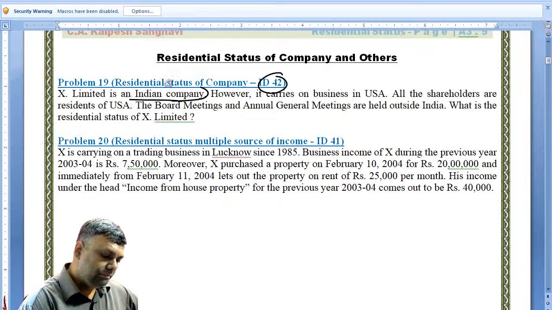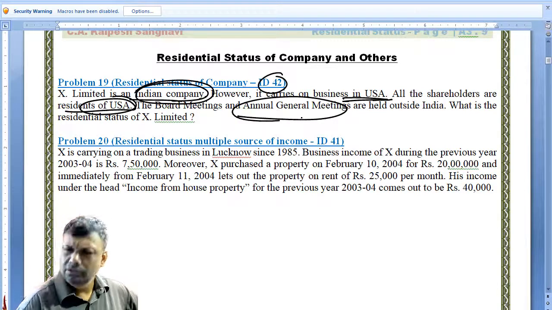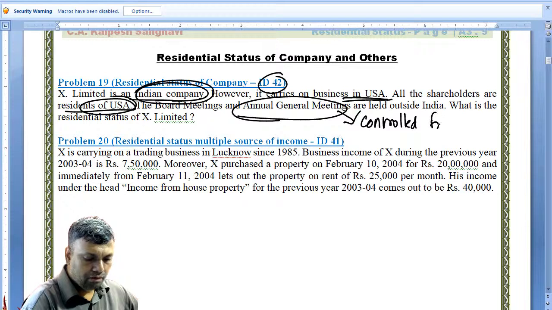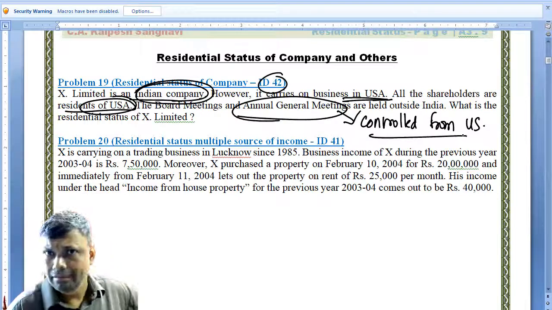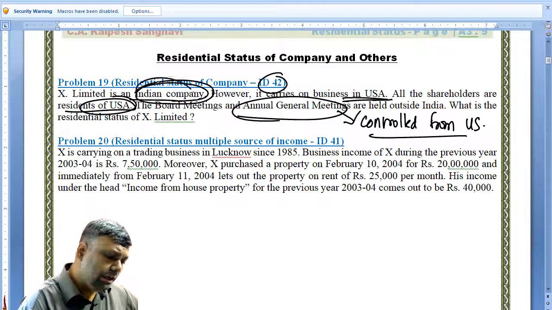It is an Indian company. It carries on business in USA. All the shareholders are in USA. Meetings are in USA. So logically, what this question is trying to say is that it is being controlled from the US. But the question is also saying that you are an Indian company.